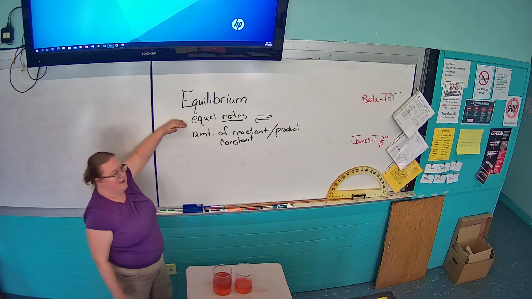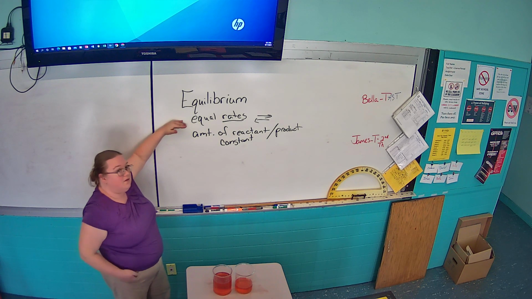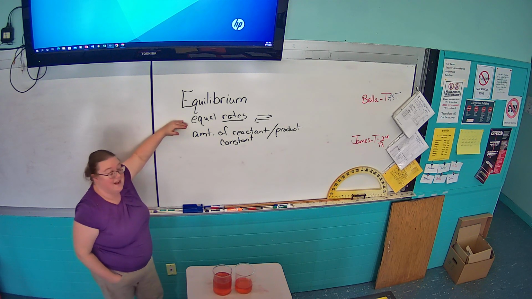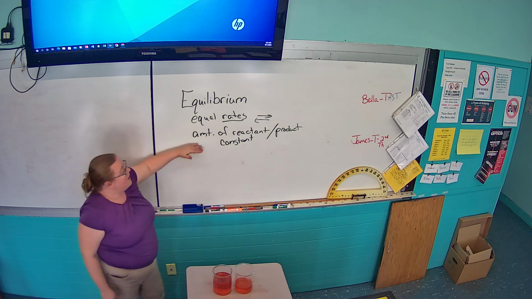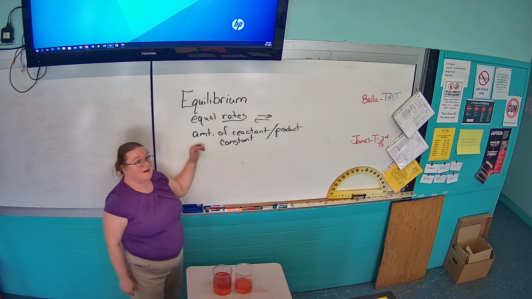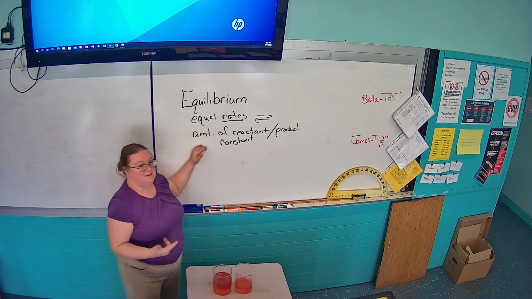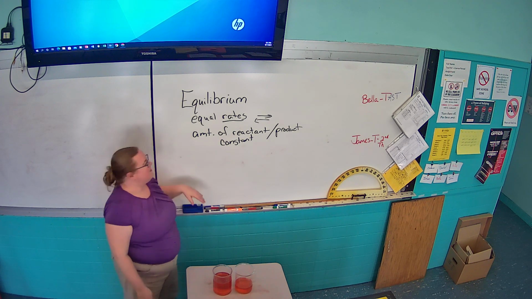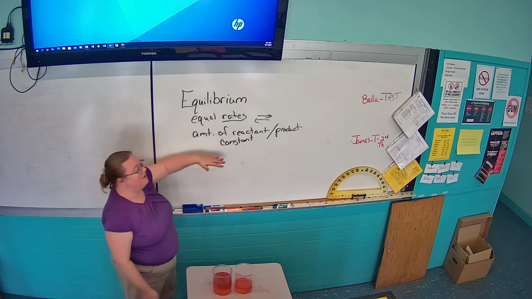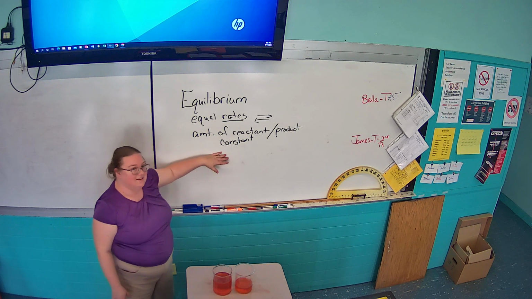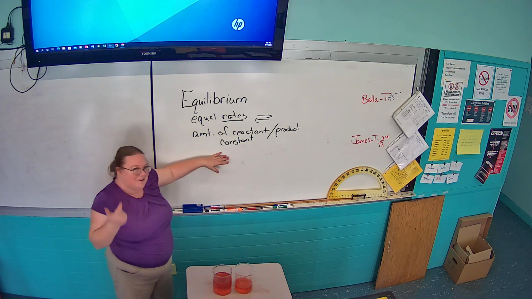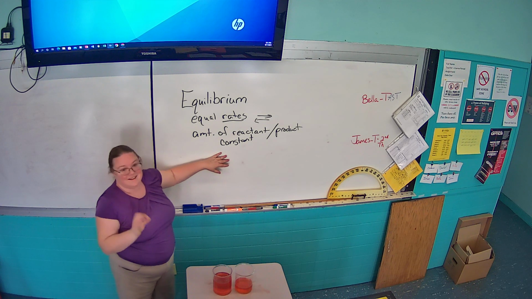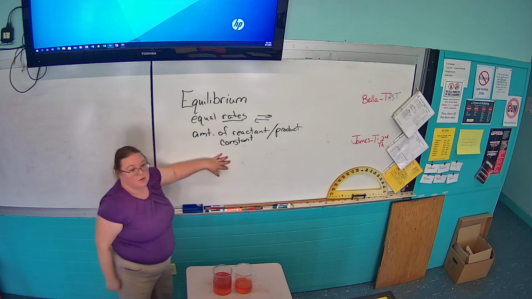The rates of the forward and reverse reactions are the same. They are equal. The amount of reactants and products are staying the same. They're staying constant, but they are not the same. So again, if you stick with the words equal and constant or not changing and avoid using that word same, you're less likely to slip up and say something you don't really mean.